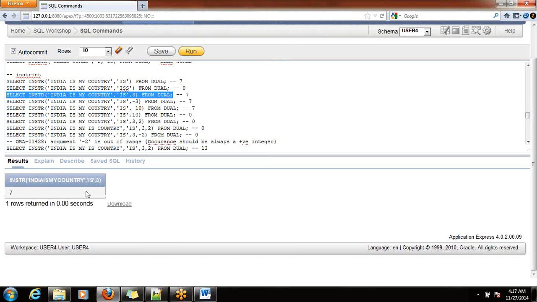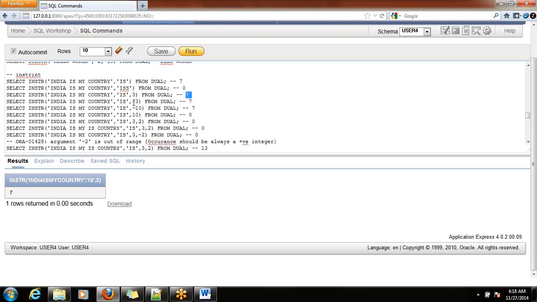When you supply a third argument with instring, this Oracle engine will start searching for is in the first argument from third position. It ignores 1, 2 positions. So search becomes easy, faster. Now here you can see, of course the result is 7th position.